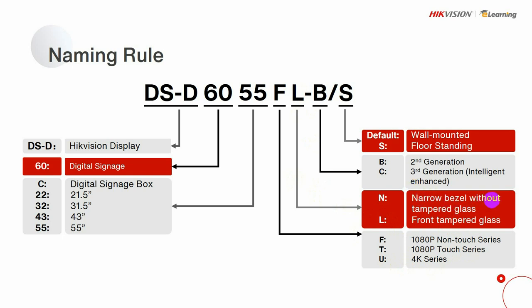If there is N, it means it's a narrow bezel product without tempered glass, all right? And then some suffix like B here means the generation of this product. For example, B stands for second generation and C for the third generation. And the third generation is intelligent enhanced. And then after the slash, there could be an S, which means this is a floor standing digital signage. And if there is nothing, it means it's a wall mounted digital signage.